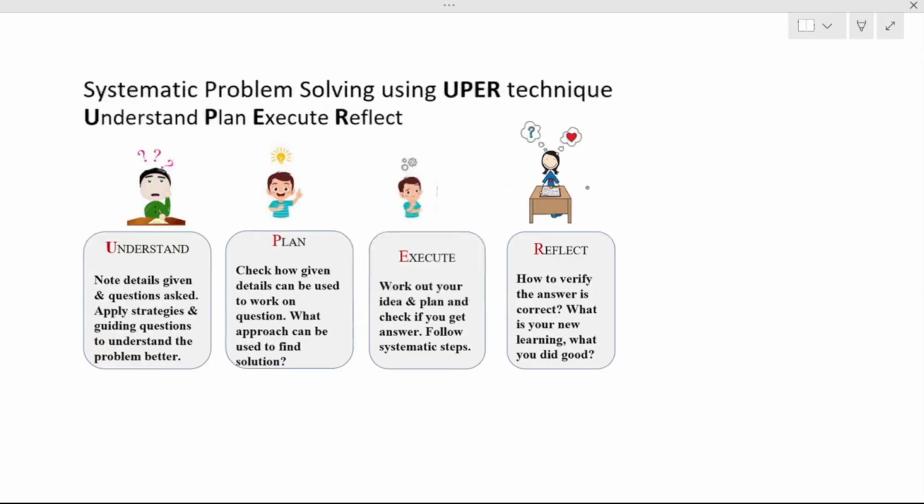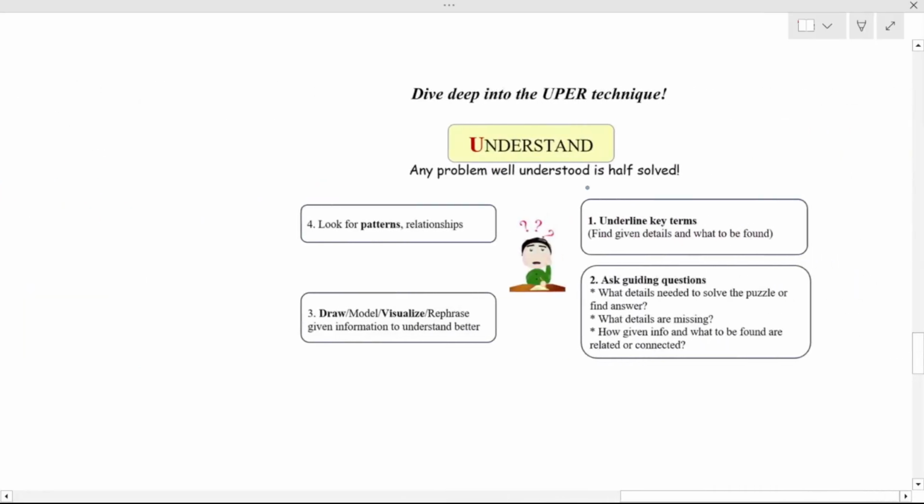In this problem, to understand, one way is underlining the key terms, and another is asking guiding questions. Initially children are given the guiding questions, which will help them understand what guiding questions are in the first place and how they can develop such questions on their own.